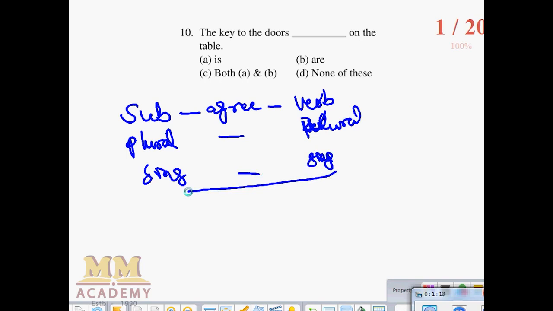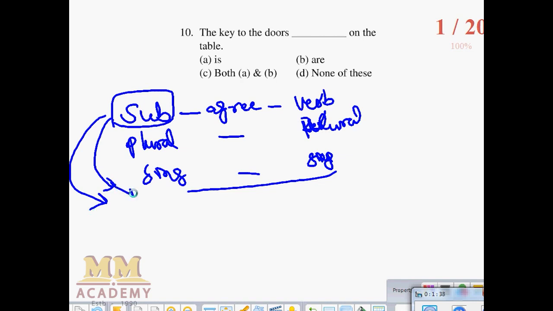Okay. So the key essential thing in subject-verb agreement is to know your subject, whether your subject is singular or plural, and to identify your subject, right? So before going through this, we have to know what actually a subject is, right?